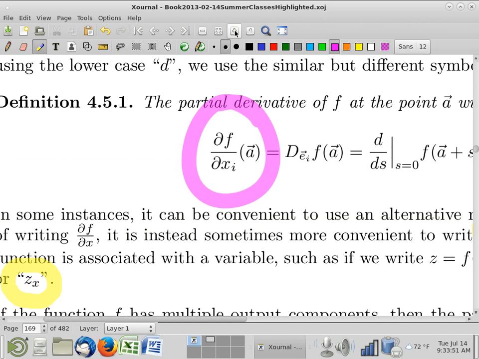You'll notice, importantly, that is not a D. It looks kind of like a D, and that's on purpose, because this is kind of like a single variable derivative. Altogether, this notation looks kind of like the Leibniz notation for a single variable derivative. But ultimately, it isn't.